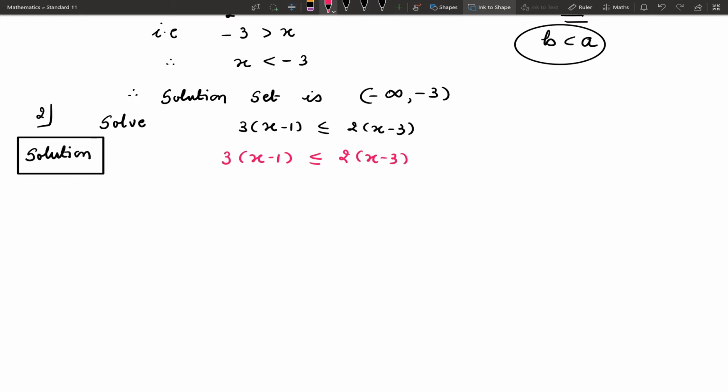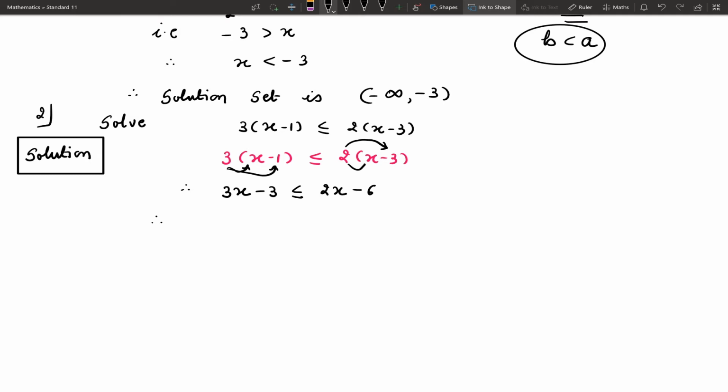So first we expand the bracket, or we can say open the bracket. So 3 into x, 3x, 3 into minus 1, minus 3, less than or equal to 2 into x, 2x, 2 into minus 3, so minus 6.